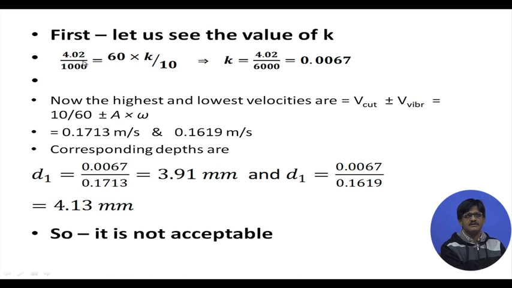Why this 60? This must be 10 meters per minute. If 10 meters per minute is the velocity, 10 by 60 is the meters per second, and therefore, k comes out to be 4.02, this 0 and this 10 cancel out, so 6000 at the denominator.